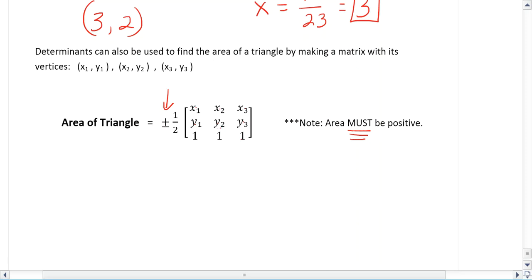If you do the determinant of the matrix and it turns out to be negative, you will multiply it by a negative 1/2 so that the area is positive. If the determinant turns out to be a positive number, you just multiply it by 1/2 and your area is still positive. So this plus minus here is here for you to use if you need it to make sure your area is positive.